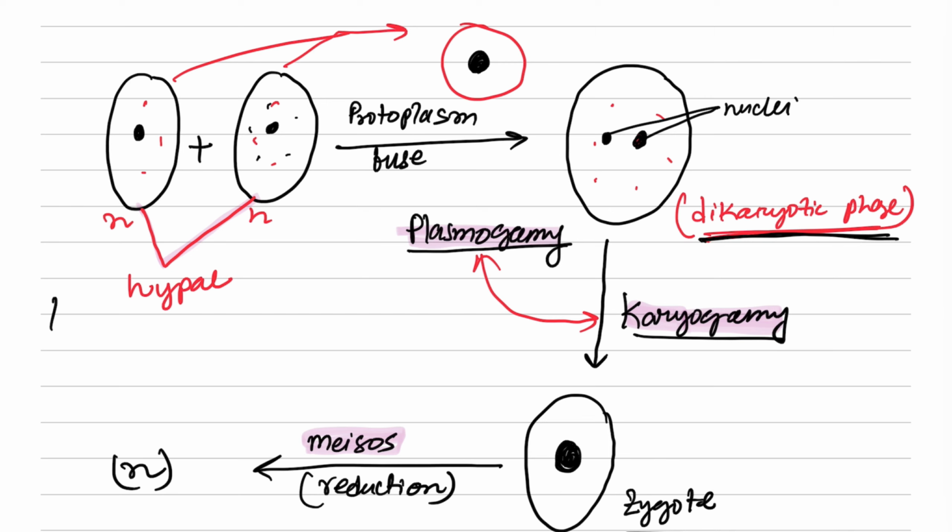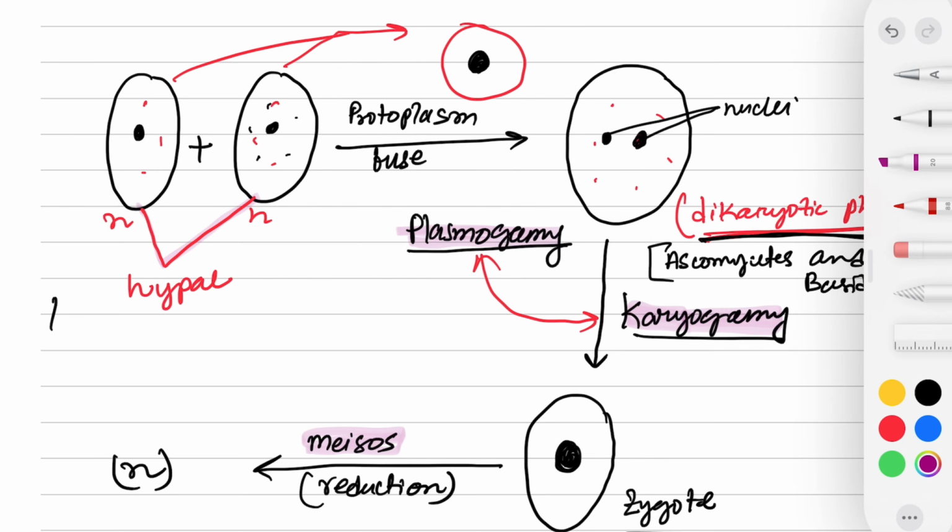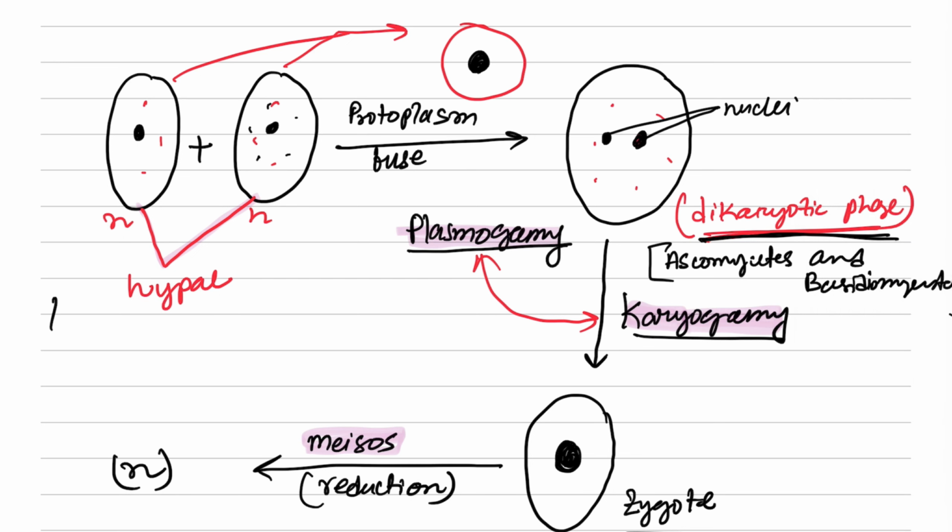So you can see this dikaryotic phase in which type of fungi? In Ascomycetes and Basidiomycetes. These two examples are very important: dikaryotic phase is found in which two classes of fungi? Ascomycetes and Basidiomycetes.